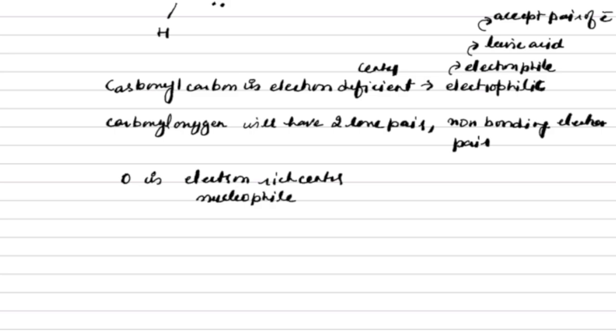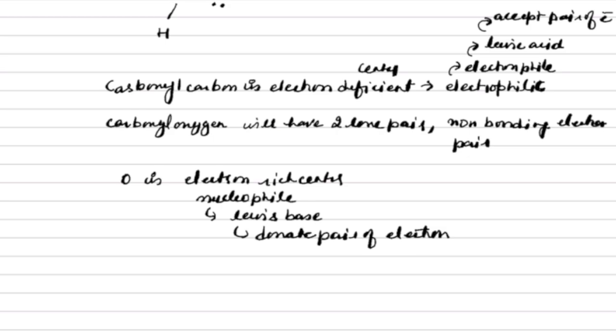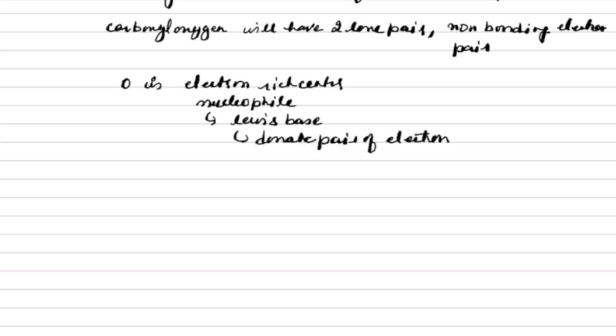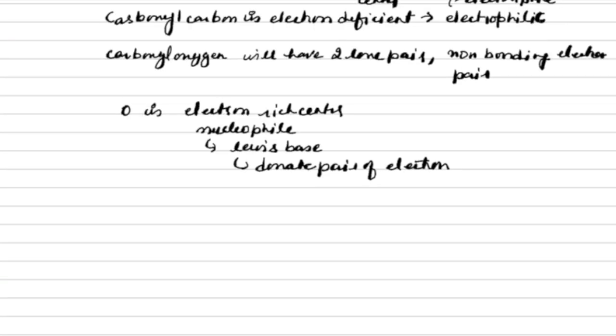And this is what we call the Lewis base, because it can donate a pair of electrons. So now we have also detailed the charge situation of the carbonyl carbon and the carbonyl oxygen. So if you see what is going to happen in the reaction and what we are going to see in the future, that we need to discuss now.